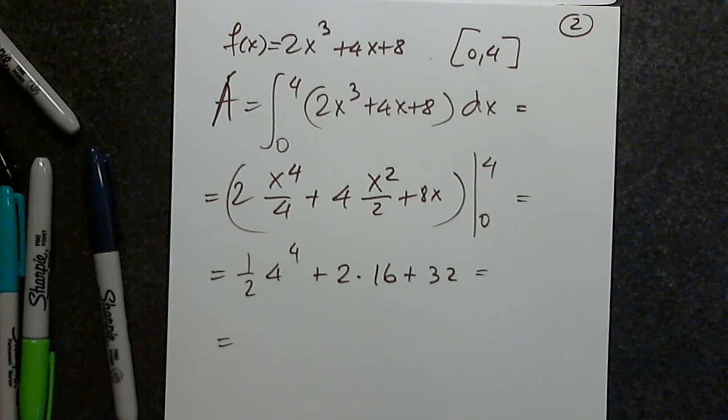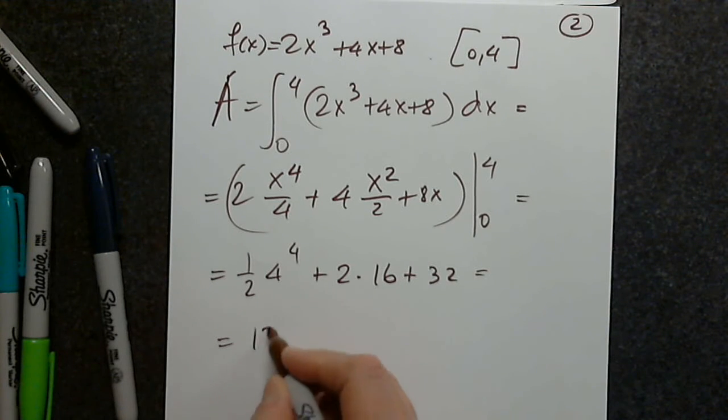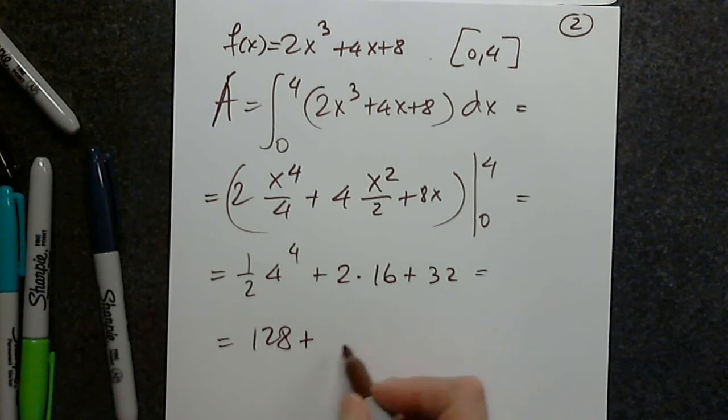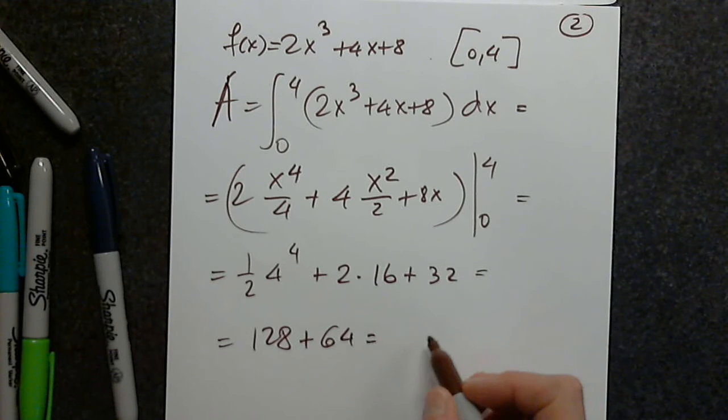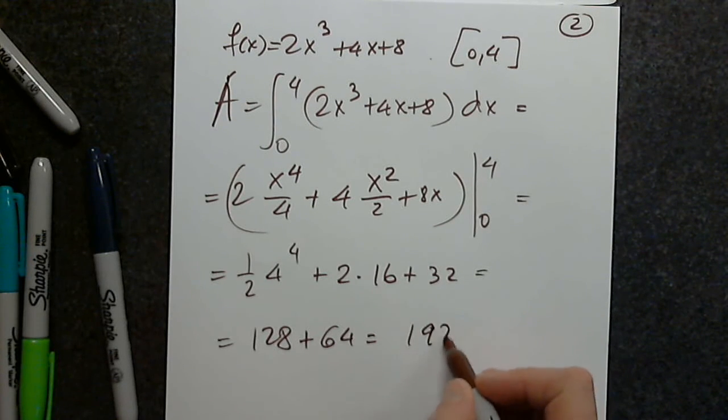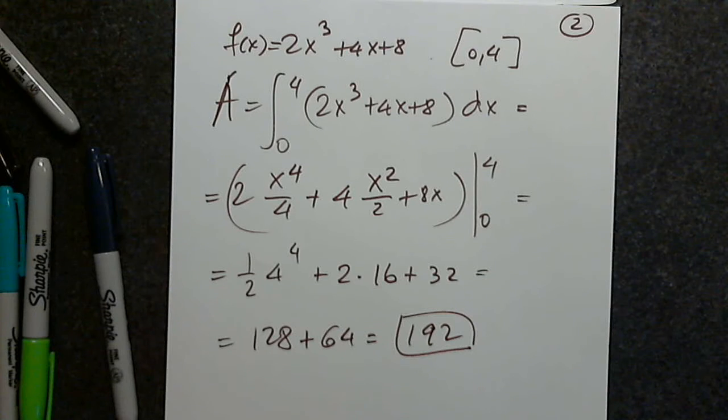And I divide that by 2 and I get 128. Plus 32 plus 32, which is 64. So I get 192. So I'm hoping after I finish the limit of the Riemann sum, I get 192.